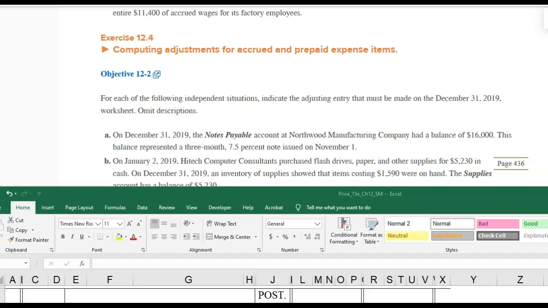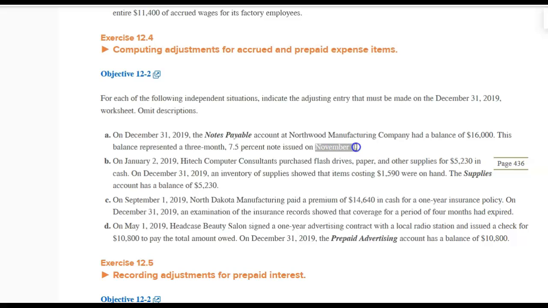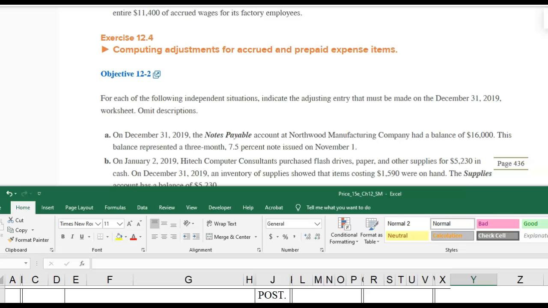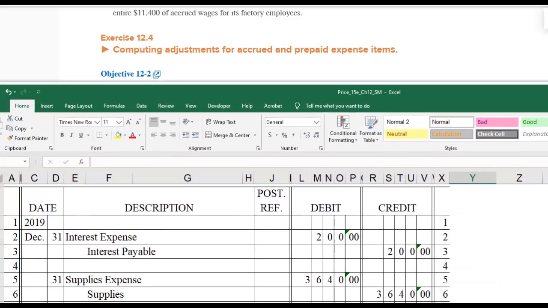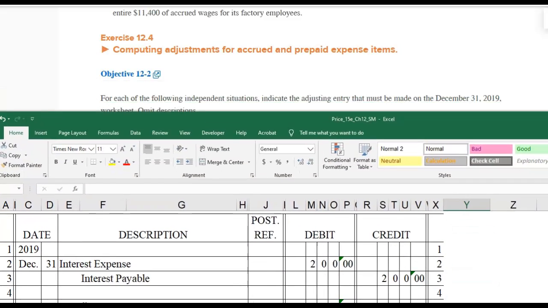But we have to account for all of November because it started November 1st, and the interest for all of December. So that's 2 months. 2 months' worth of interest is $200. So this is why we've got the interest expense at 200, the interest payable at 200.